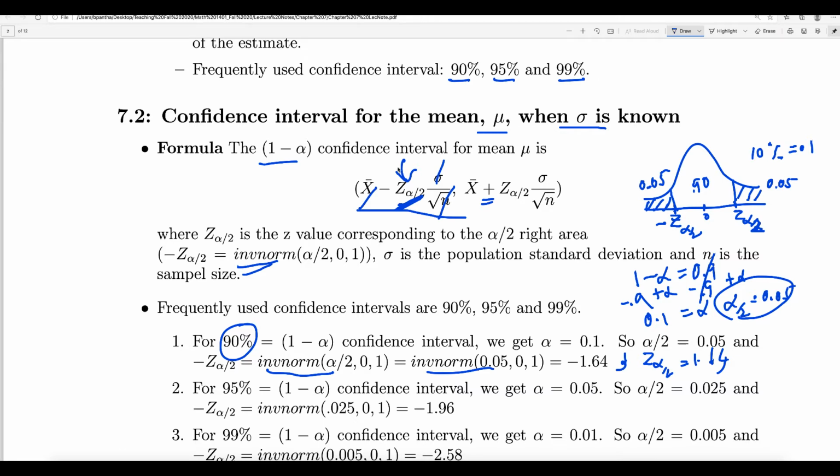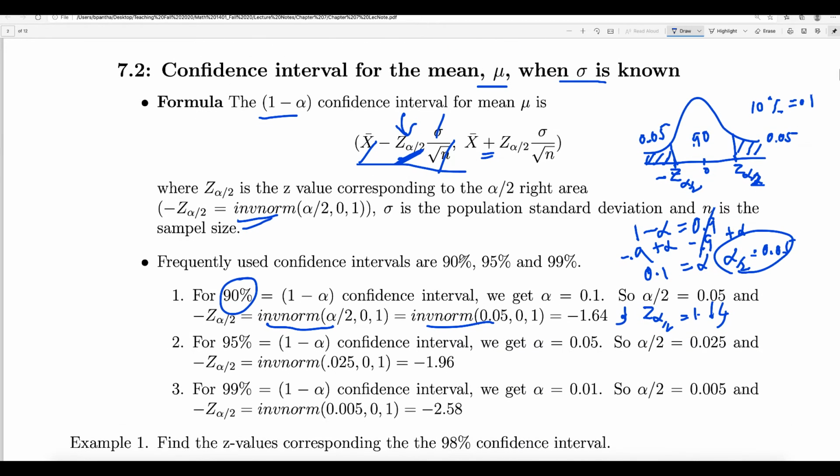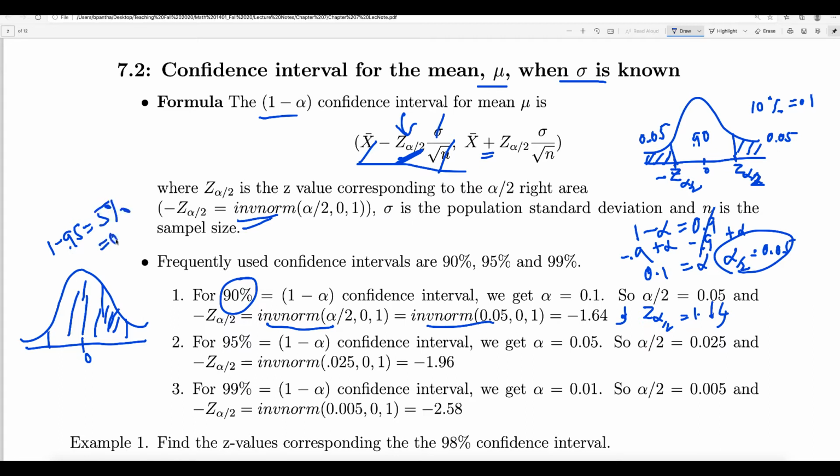For a 95% confidence interval, the middle area is 95%, so 0.95, with 0 in the middle. What is the right area? The outside area is 1 minus 95%, which is 5%, that means 0.05.